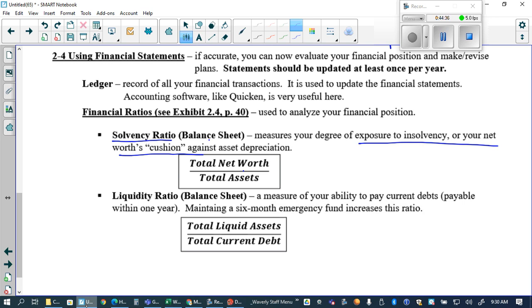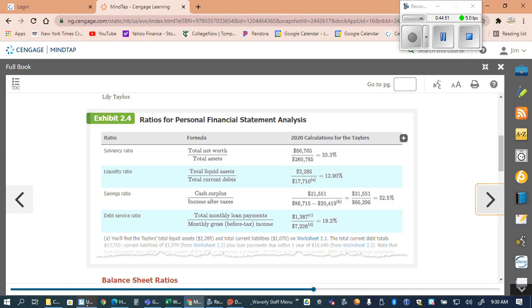And so that is the total liquid assets. That makes sense. If it's current debts, you want to look at your liquid assets divided by the total current debt. So it's just a ratio. And there's their liquid assets, 2285, and current debts. So they have a liquidity ratio of 12.9%.